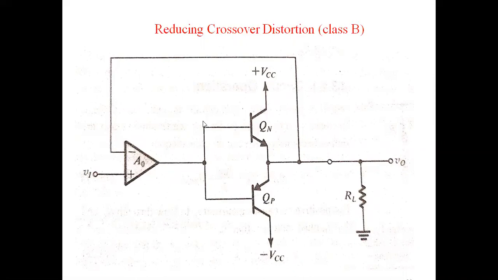The deadband is reduced to plus or minus 0.7 divided by A naught volts, where A naught is the DC gain of the op amp.